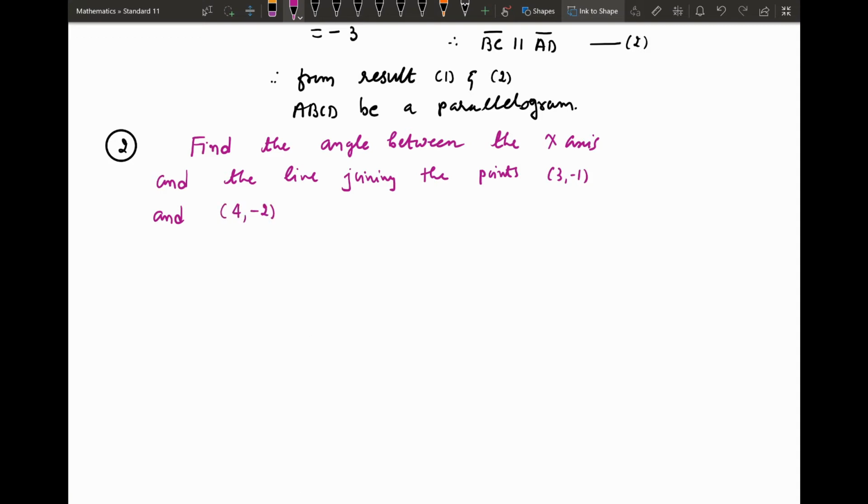The question is: find the angle between the x-axis and the line joining the points (3, -1) and (4, -2).